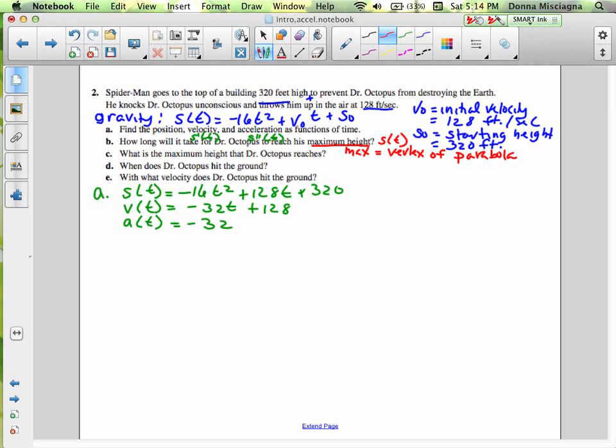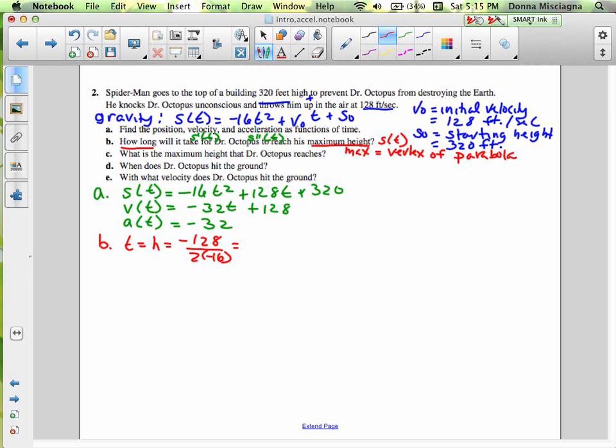So how long? We're just looking for the t value there. Usually when we think of the vertex, we think of h, k. That would be negative b divided by 2a. So b is 128, so that's going to be negative 128 divided by 2 times negative 16.